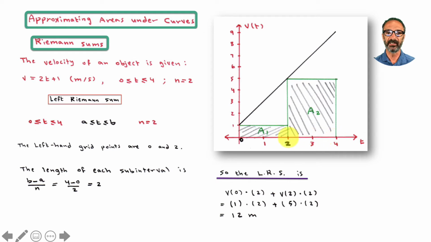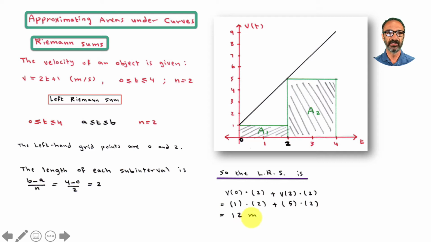That's called base, and the height I get from the left of the intervals. V of 0 is 1, as the graph shows. V of 2 is 5 right there, and the base is 2. That's the 2 that repeats pretty much everywhere. Do the math, you get 12 meters.